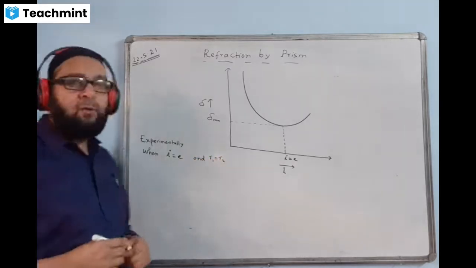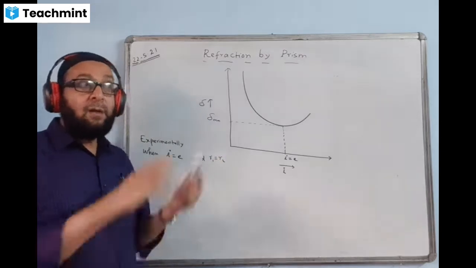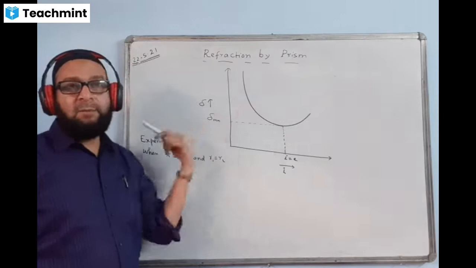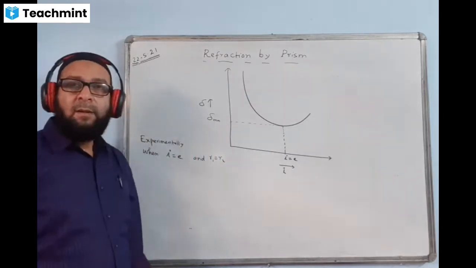When I and E are equal, then automatically R1 and R2 become equal, because the refractive index of the pair of media is the same on both sides of the prism.